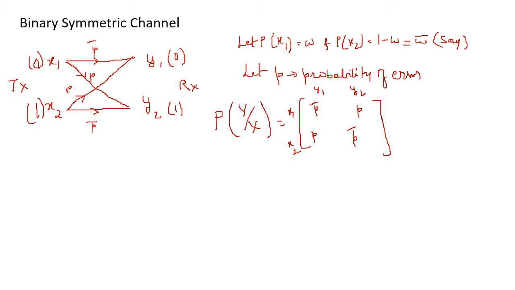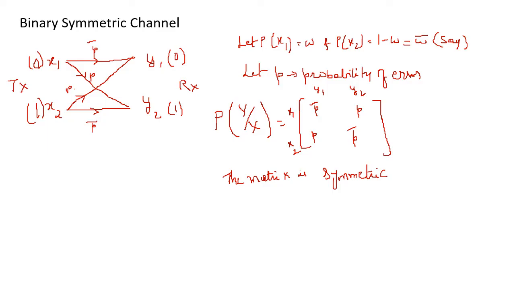Now if you see this channel matrix, it is symmetric, because the first row elements are the same as the second row elements but in different order.